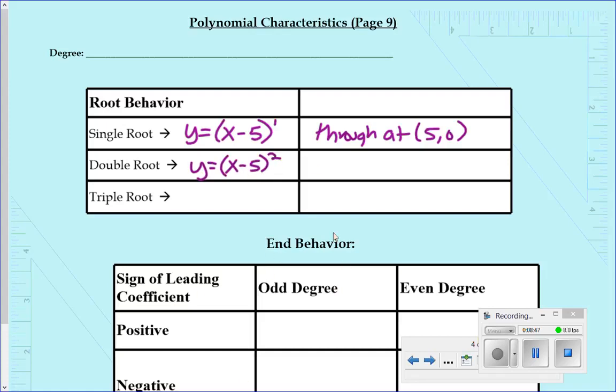And so it's not going to go through. We know it's going to bounce at (5, 0) because there's a double root there. And lastly, the triple root would be the same equation, but this time the quantity is cubed, which means that it looks cubic at (5, 0), or in other words, there's a point of inflection at (5, 0).